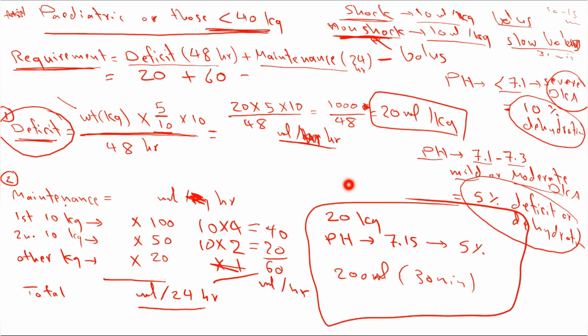So 20 plus 60 equals 80 mL per hour. That's how you calculate the fluid for the patients. But you have to subtract the 200 per 24 hours because the patient was not in a shock state. So this 50 mL per hour should be started for this pediatric patient.